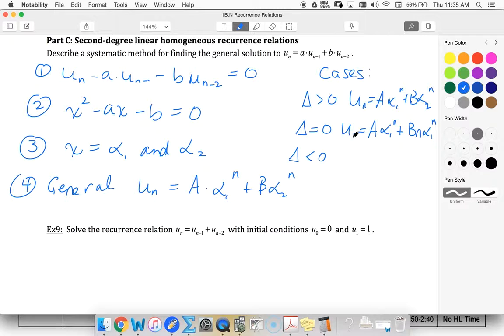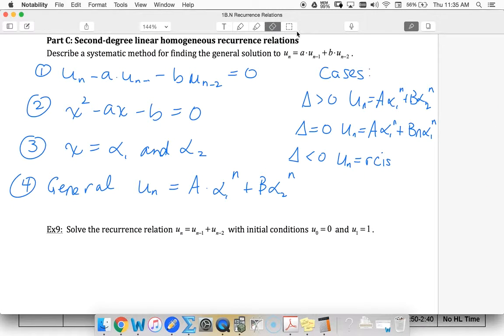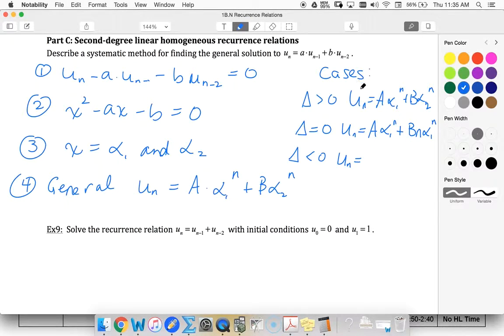So we're going to end up with u n being equal to r cis, that would be our root, r cis plus or minus theta. So our u n is going to end up being r to the n, a cos n theta plus b sine n theta.